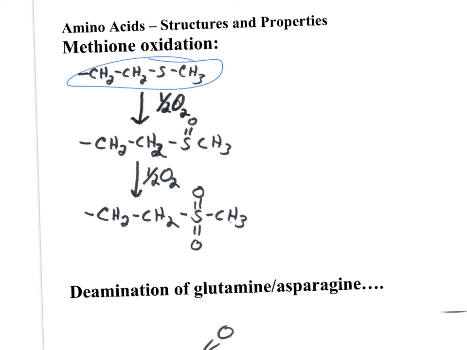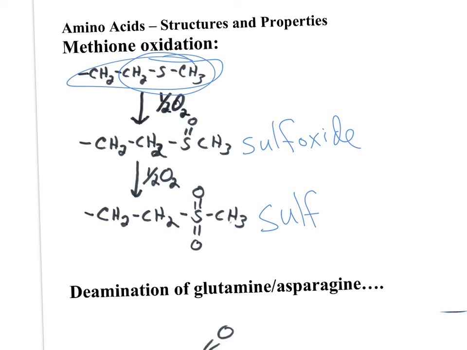Yet the sulfur, this is another example of a thioether, and it can go through oxidation to form this, which would be a sulfoxide. So this would be methionine sulfoxide, and this is the sulfone.